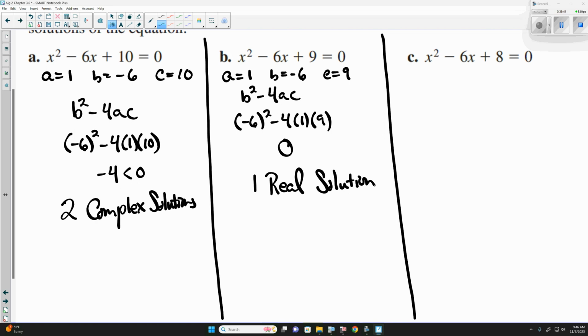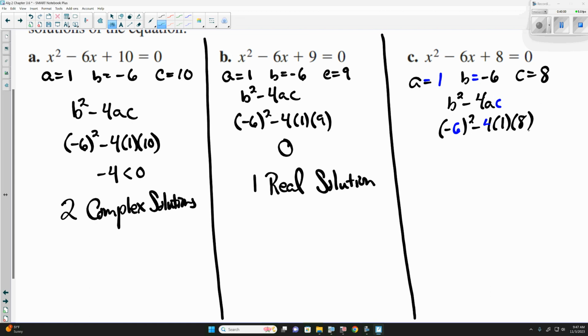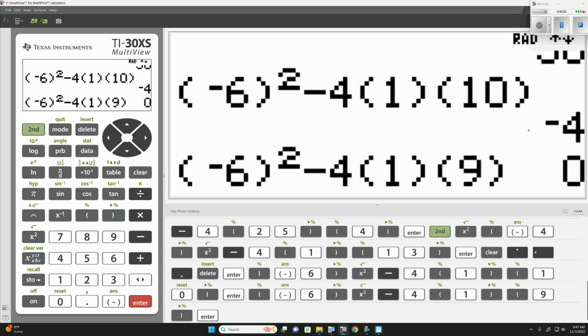Now I think we have a guess at what the last one's going to be. Greater than 0. So with our b squared minus 4ac, we'd have -6 squared minus 4 times 1 times 8. And again, once we get these values, we can plug them in.